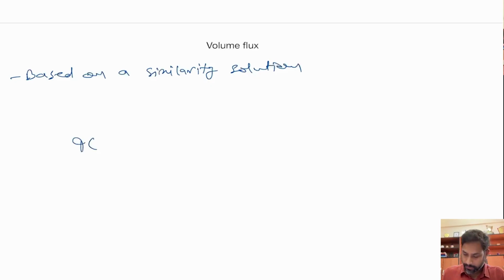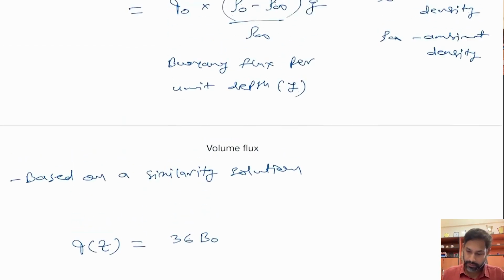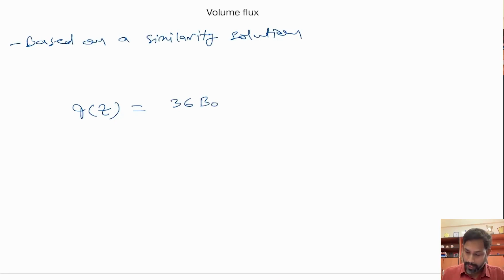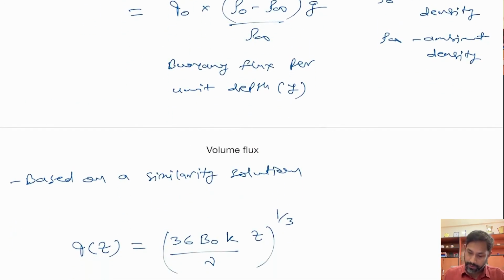So Q of Z finally comes out to be 36 B naught K Z over nu, to the power 1 over 3. Okay, where B naught here is the buoyancy flux per unit depth, which we have already defined here.